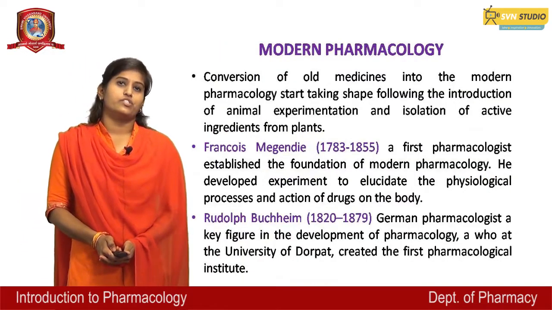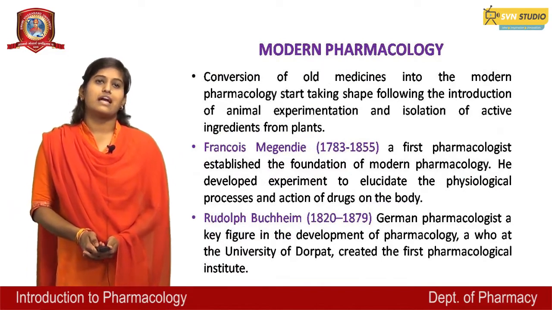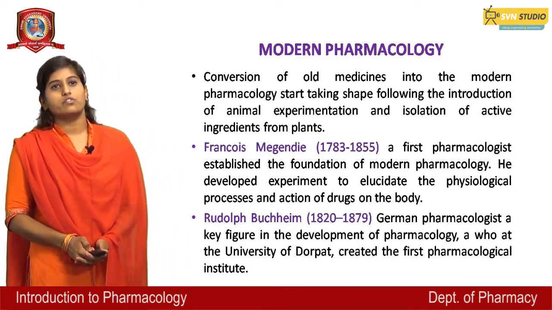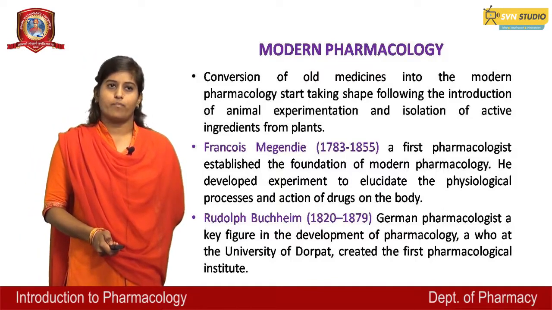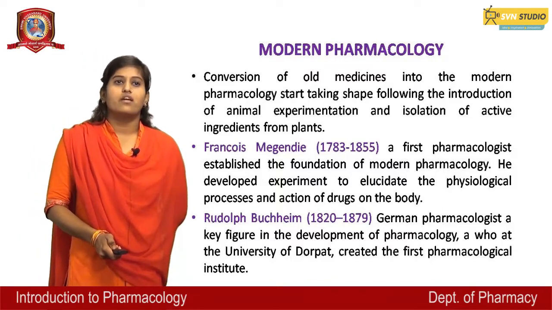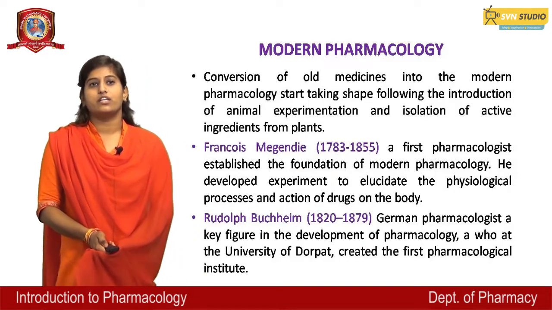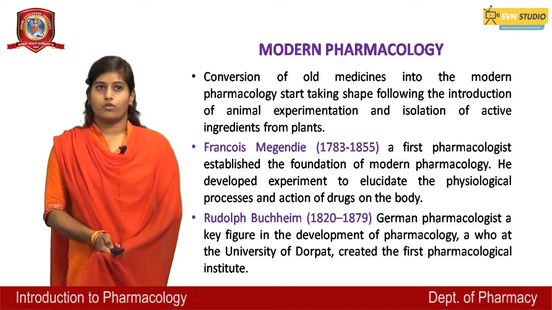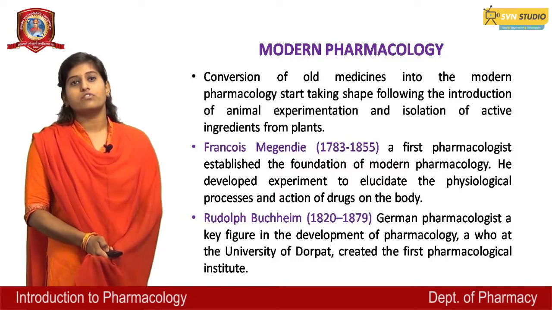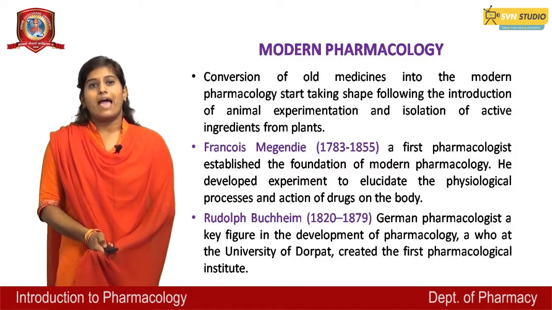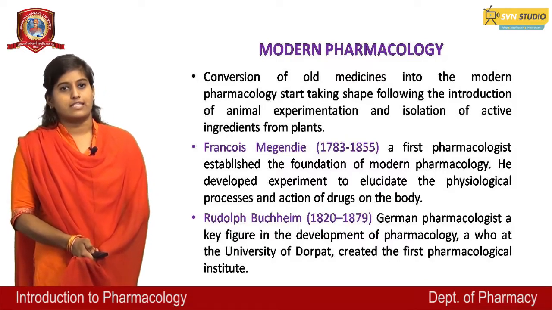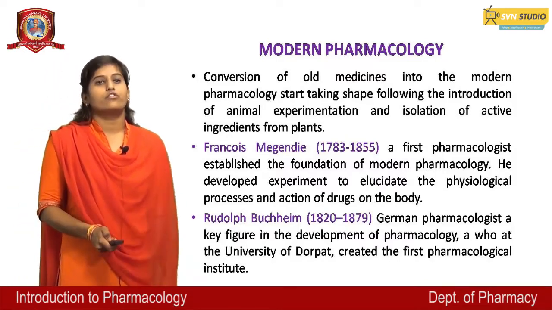Conversion of old medicine into modern pharmacology started taking shape following the introduction of animal experimentation and isolation of active ingredients from plants. Francois Magendie, 1783 to 1855, the first pharmacologist, established the foundation of modern pharmacology. He developed experiments to elucidate physiological processes and the action of drugs on the body.